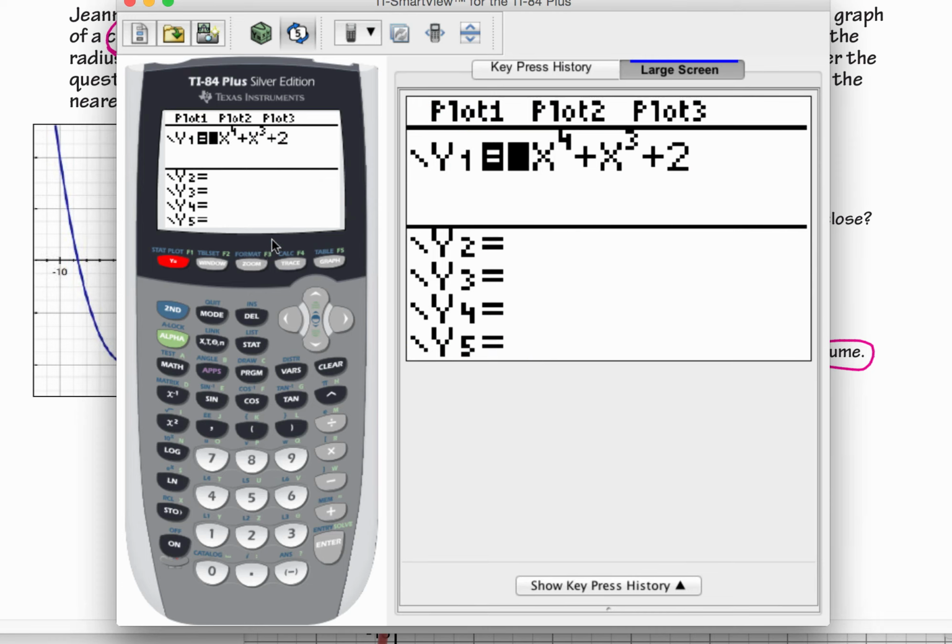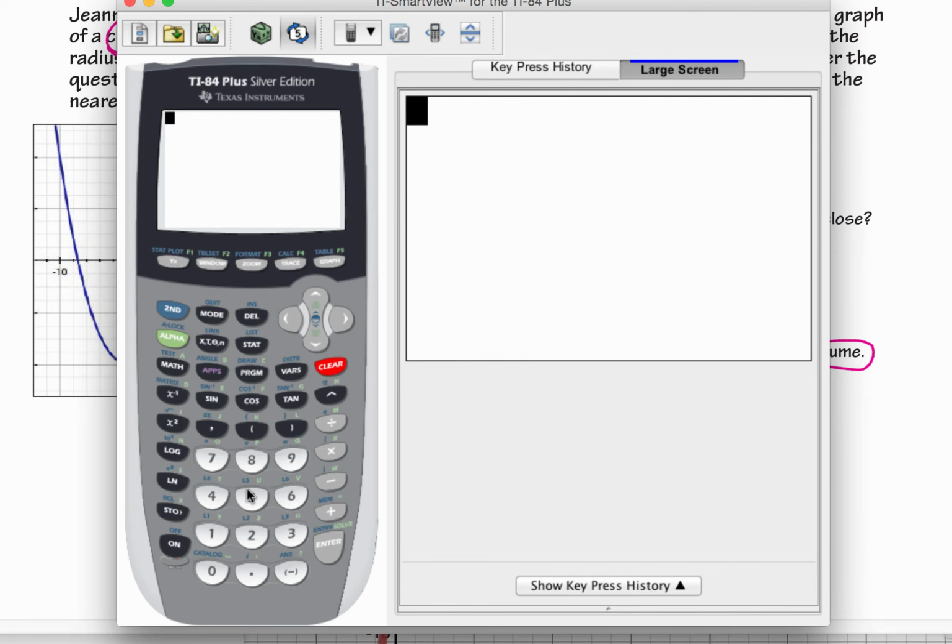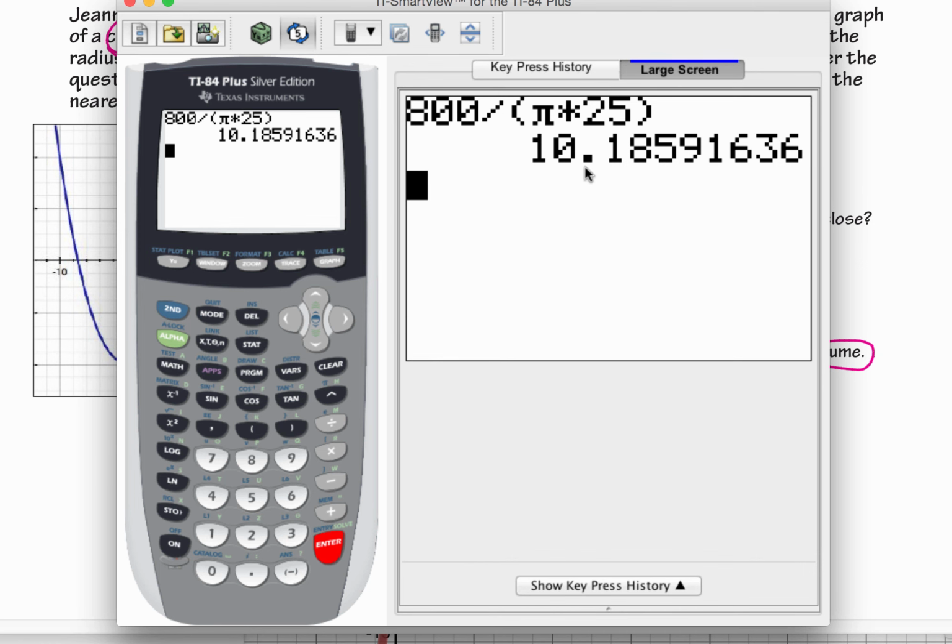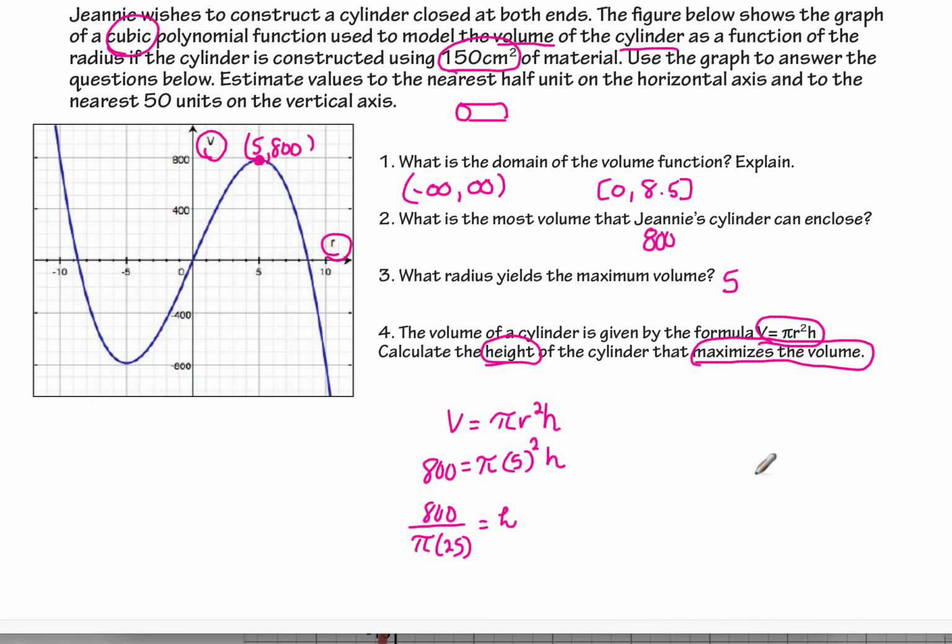Bring out my handy dandy calculator. 800 divided by, use pi, do not use 3.14. 10.185. So let's just call it height is 10.2.